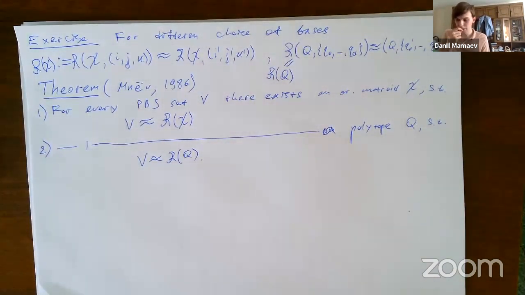And this is an original theorem from 1986. And all the proofs that are known, I think, first use some normal form for a primary basic semi-algebraic set.